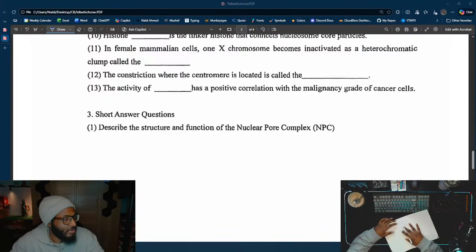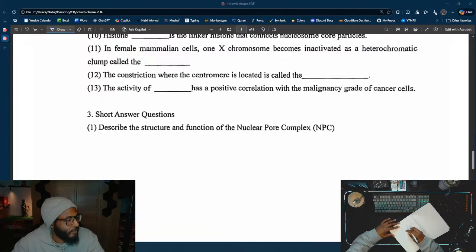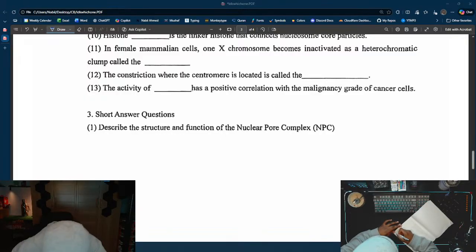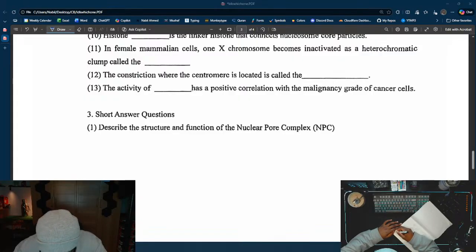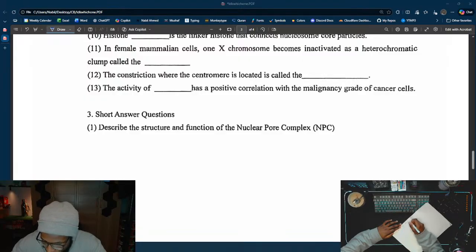We can just answer it ourselves instead of depending on AI. So you could say its structure is similar to the fish trap model.